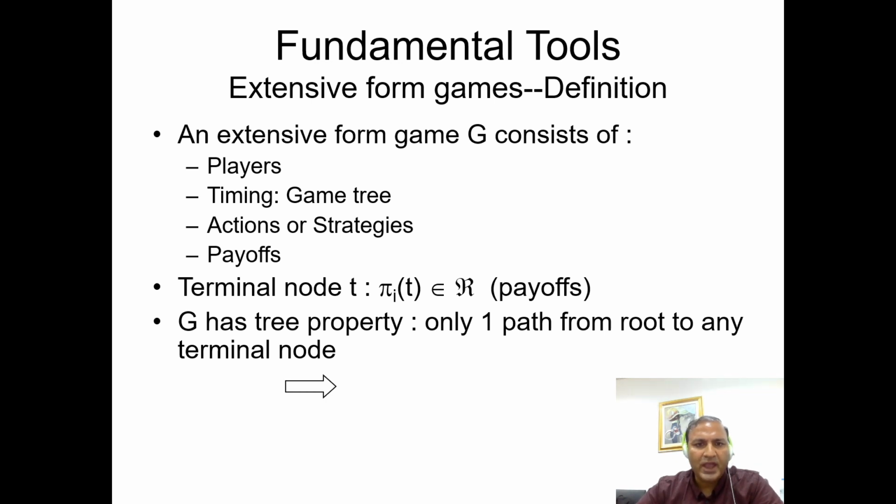And then what are the actions and strategies available to each player, and then finally what are the payoffs. The game ends at the terminal node where each player gets some payoff. And this dynamic game has a tree property, which means that there is only one path from the root to any of the terminal nodes.